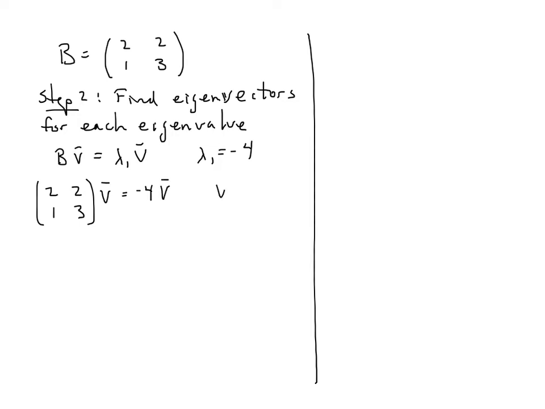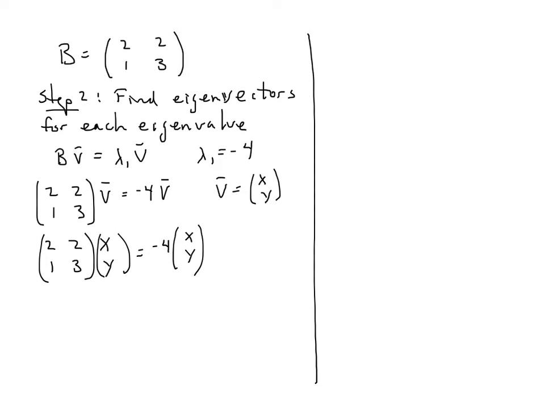But v is just a vector of components x and y. So this leads to 2, 2, 1, 3 times x, y equals 4 times x, y. At this point, we leave our matrix form. We express this as a system of two equations and two unknowns. I have 2x plus 2y has to equal 4x, and x plus 3y has to equal just 4y.